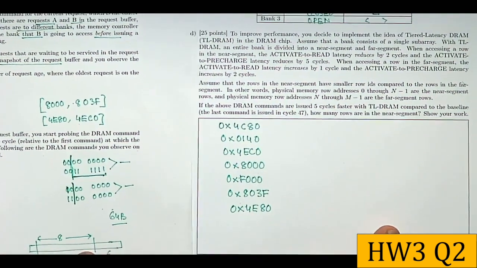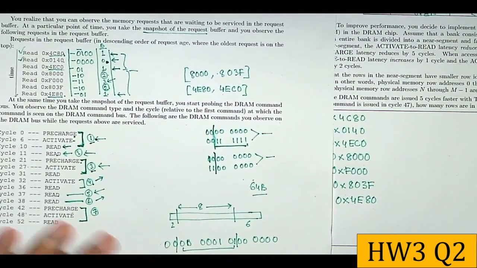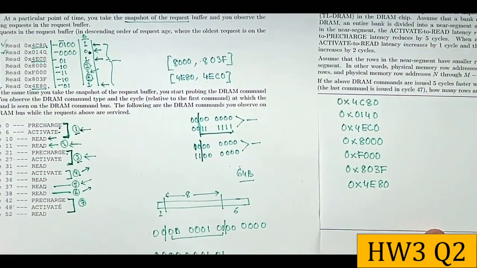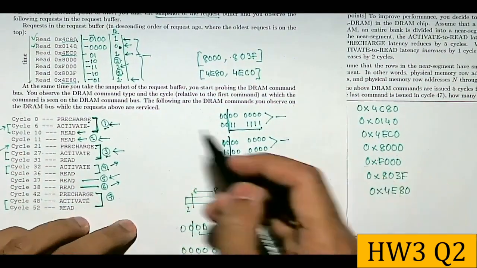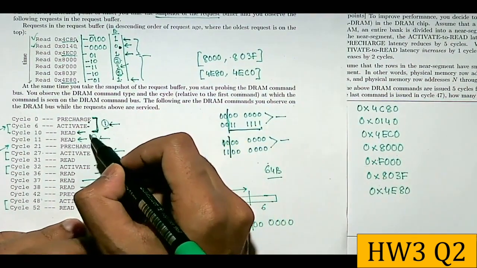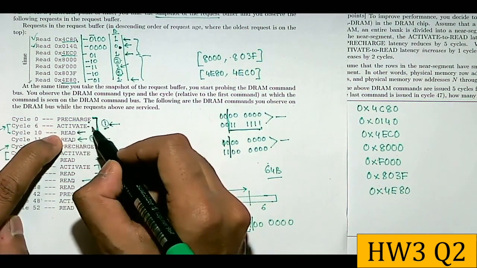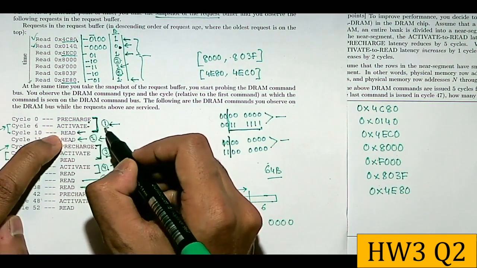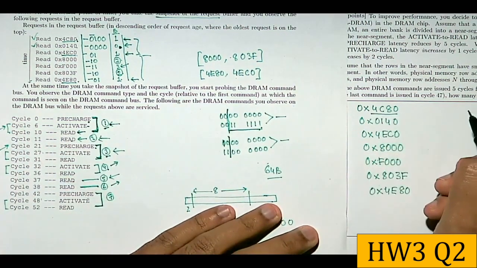Okay, now let's see. Can I show this side by side? Yeah, that's possible. Okay. So now let's say this is a pre-charge, activate, and the read command, right? So let's see this activate is happening to which bank and which row. Okay. So this activate is definitely for this one, right?